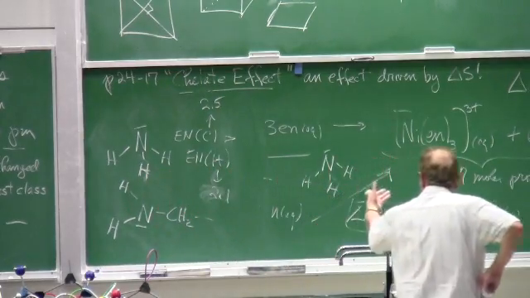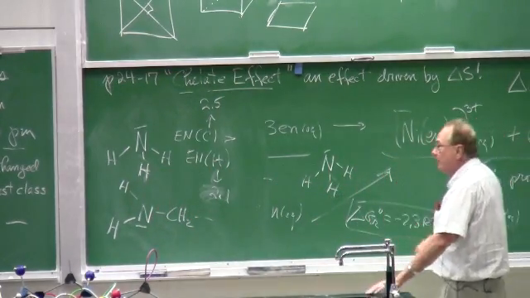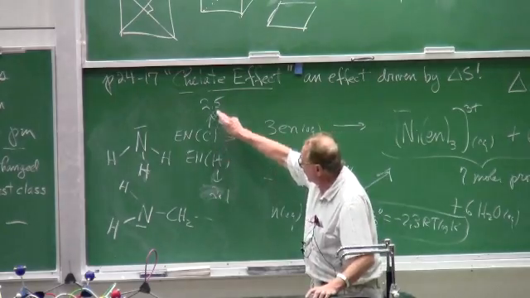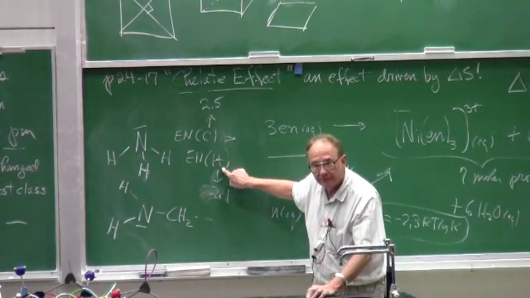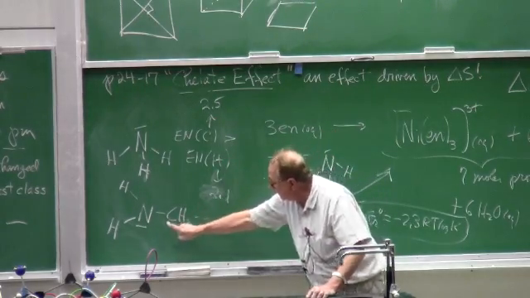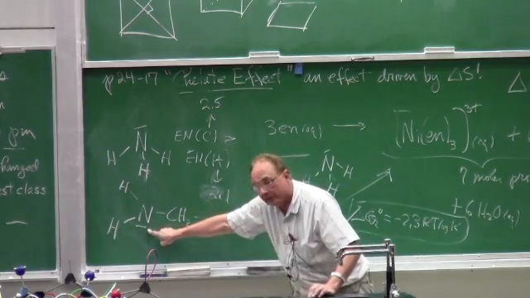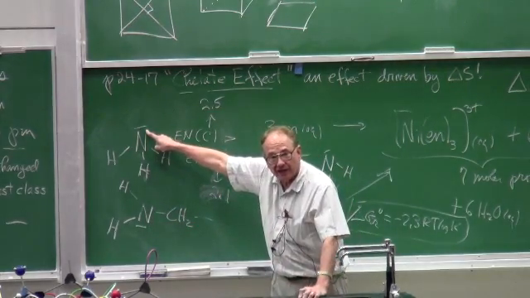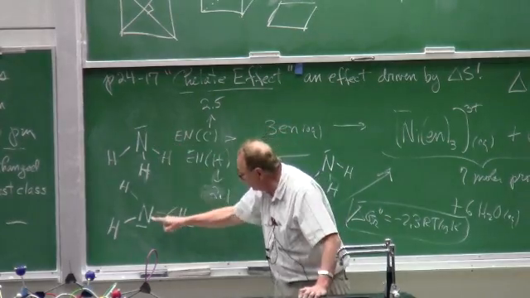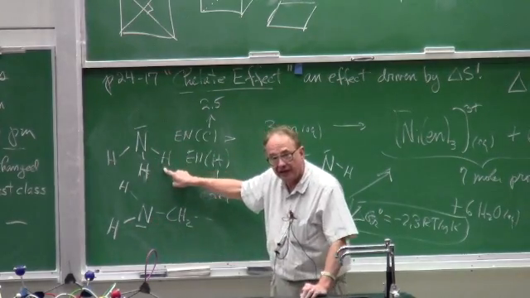Well, we looked at another electronegativity comparison here. Atomic electronegativity: carbon is more electronegative than hydrogen. Well, that ought to make this nitrogen's non-bonding pair more stable than this nitrogen's non-bonding pair, because the only difference is an NC single bond versus an NH single bond.